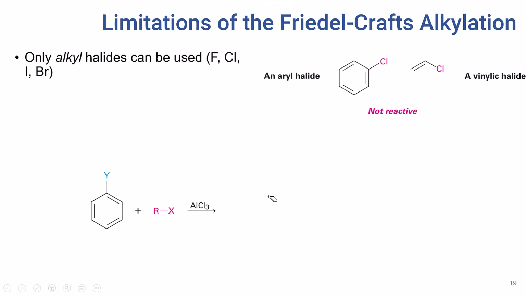There are limitations to the Friedel-Crafts reaction. This is only going to happen with alkyl halides, but you can use fluorine, chlorine, iodine, bromine. So we can only use alkyl halides. Aryl halides will not work, nor will halogens that are on a double bond. This also will not work with rings containing an amino group or a strongly electron withdrawing group.